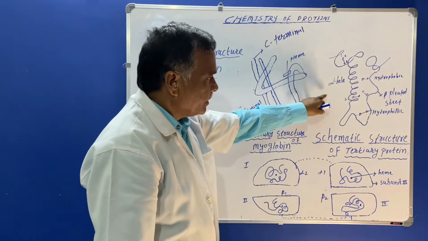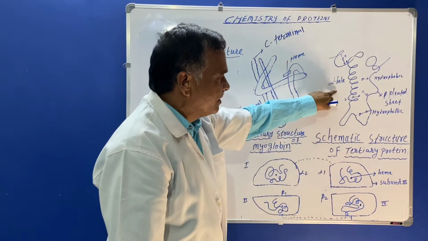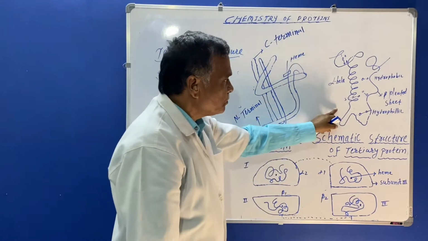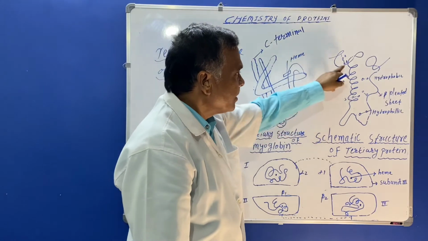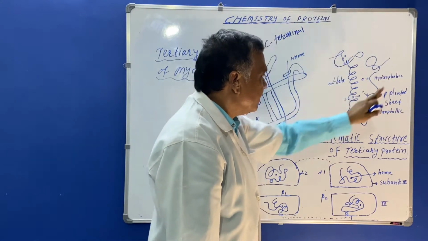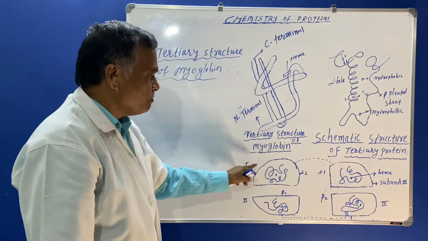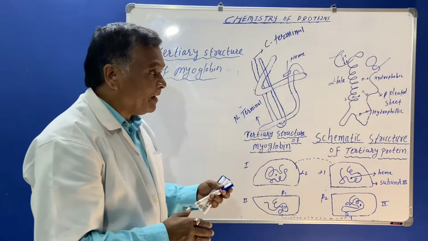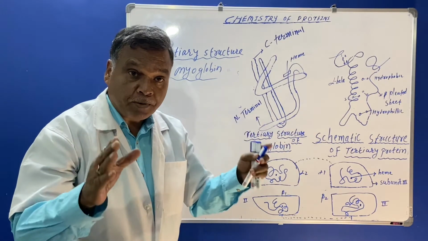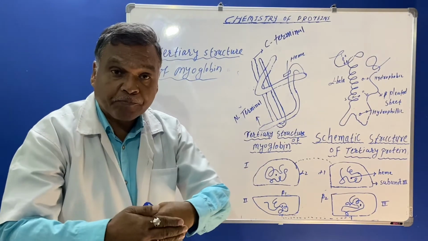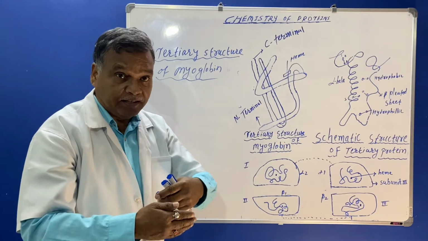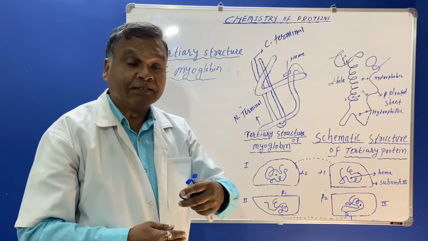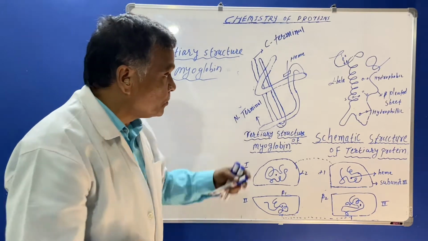So here we have seen the schematic structure of tertiary protein. So this is the tertiary schematic diagram, alpha helical and beta pleated. Now we'll see the tertiary structure of myoglobin here. Here we have to just see the polypeptides, they are further folded. The secondary structure of the polypeptide will be further folded into tertiary structure.